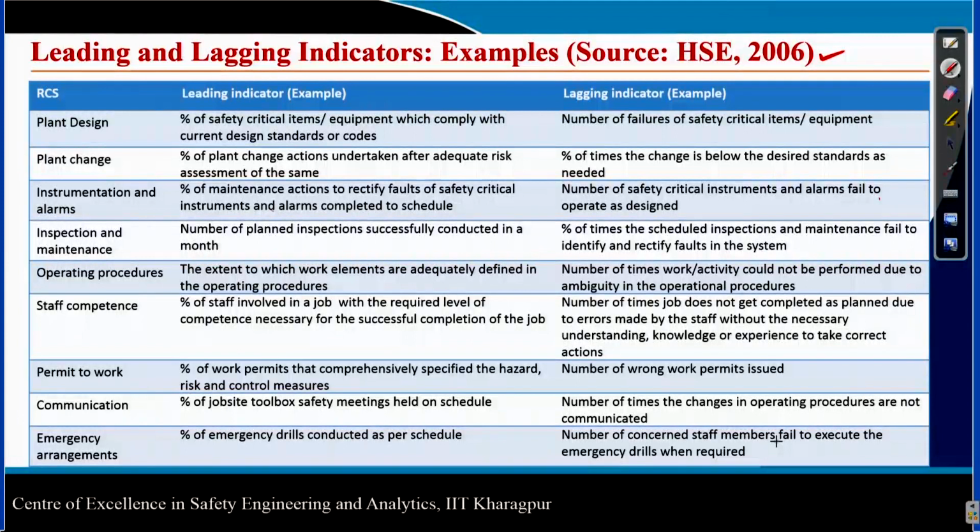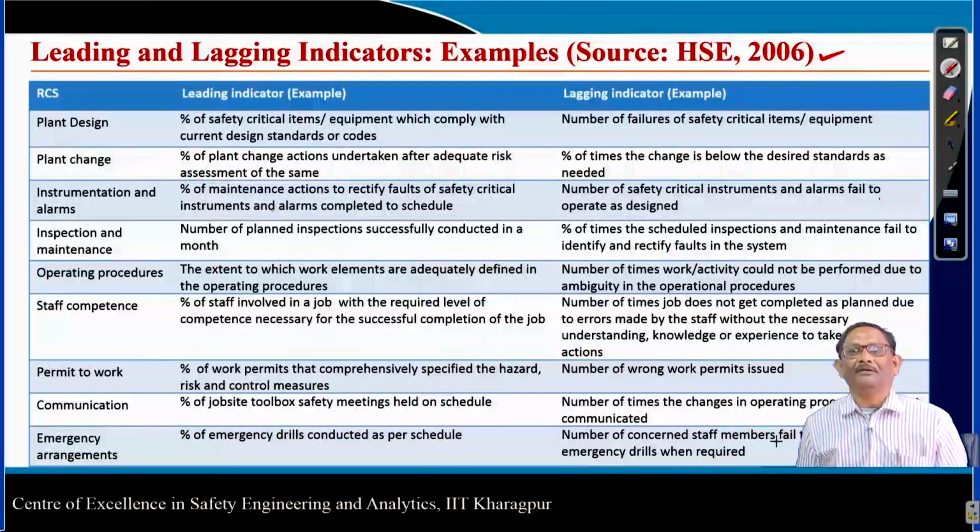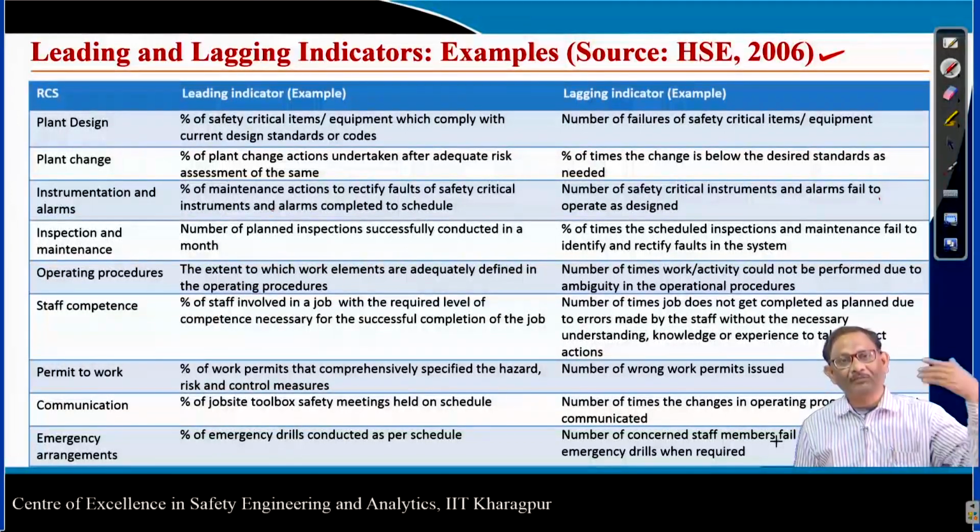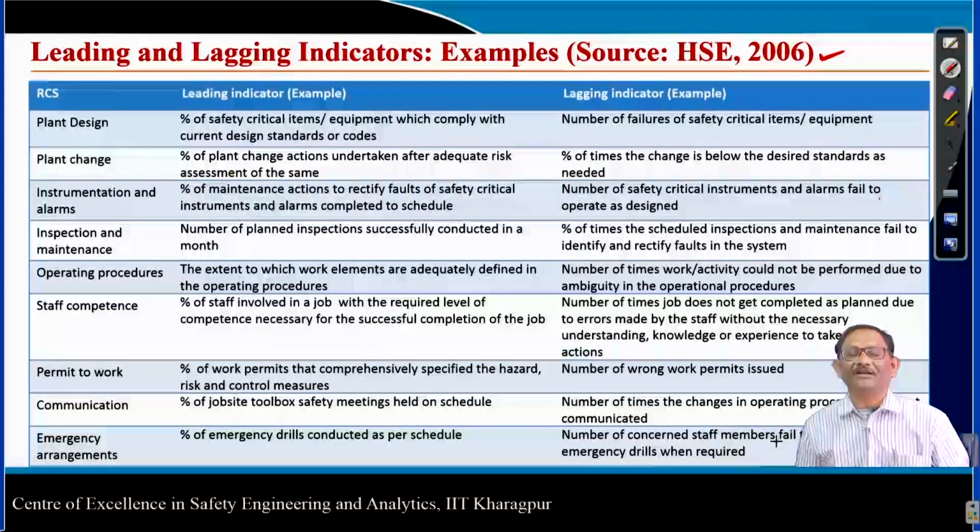this concept for developing the leading and lagging indicators for all the RCS, or risk control systems, which are already in place in your system or in your plant. If some of the risk control systems are not there, you bring those risk control systems. For the existing risk control systems, if leading and lagging indicators are not understood, you must have a team, and that team should do it.